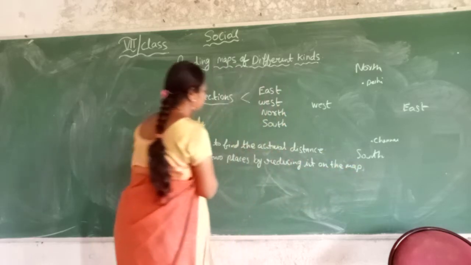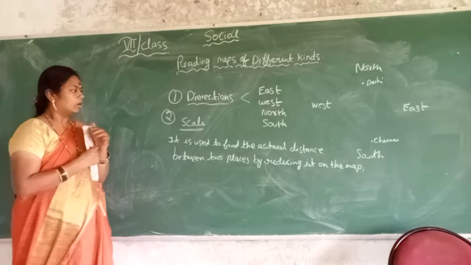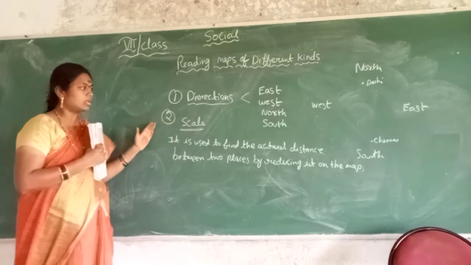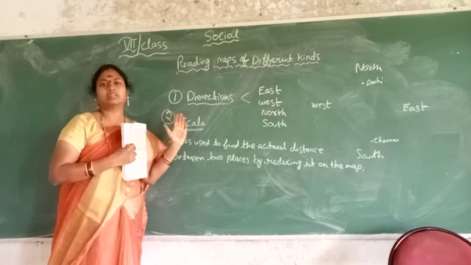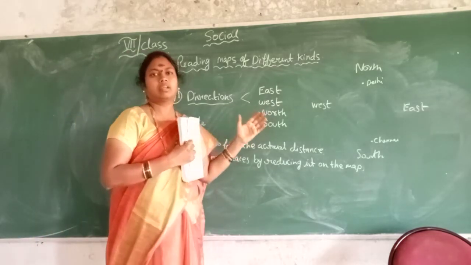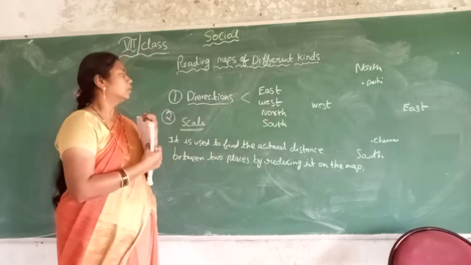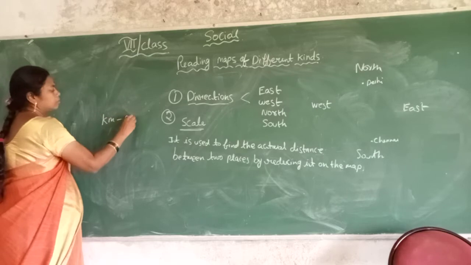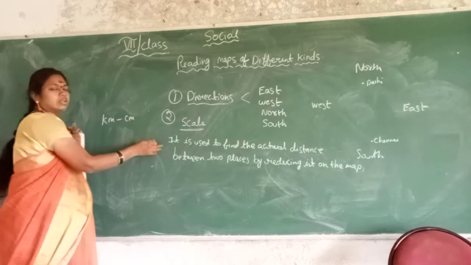This is known as scale. Actually, the distance will be reduced into centimeters. In the outside world we show distances in kilometers, but on the map the kilometers are reduced into centimeters and shown in the map.